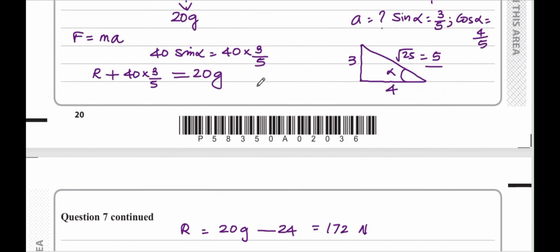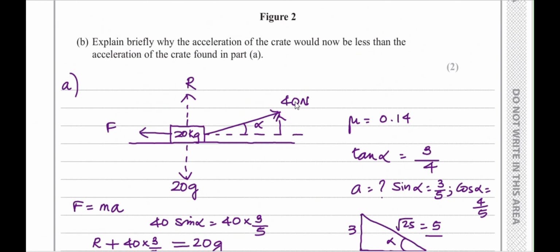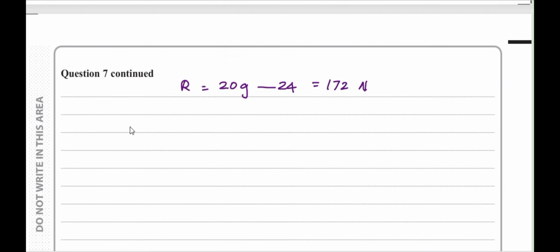Writing out F is equal to ma now, F will be 40 cos alpha minus the frictional force. Therefore, 40 cos alpha minus the frictional force, which is mu times R, that is 0.14, which is the mu, times the R that we calculated here, is equal to mass 20 times the acceleration a.